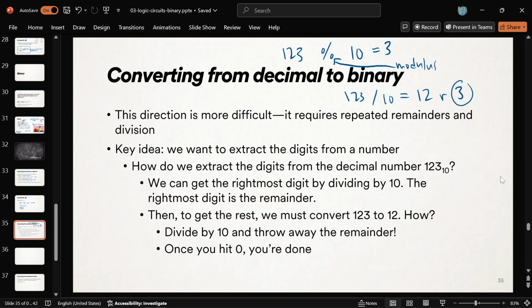So let's say that I give you this number, and it's like in a variable or it's a black box. You can do math on it, but you don't know it yet. How can you extract like the 1, the 2, the 3, every individual digit out of this number with just mathematical operations? Do you kind of see how you might be able to use that modulus and also division?